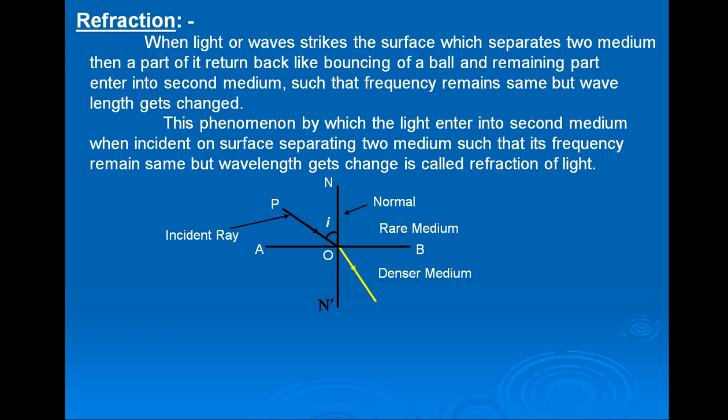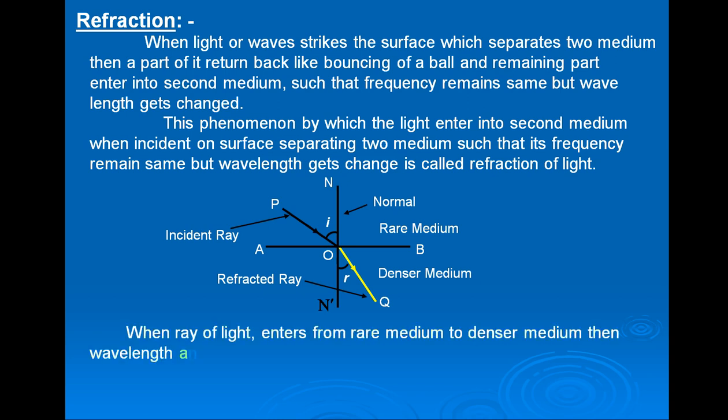And suppose OQ is the refracted ray of light making an angle R with the normal, the angle of refraction. It bends toward the normal because light is moving from rare medium to denser medium.